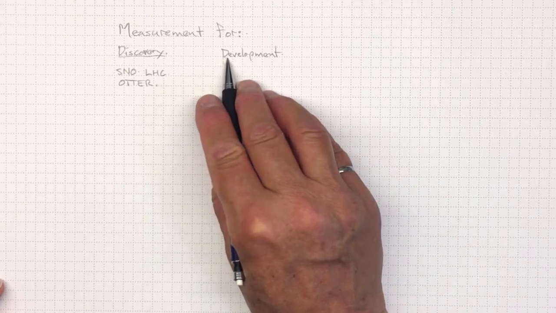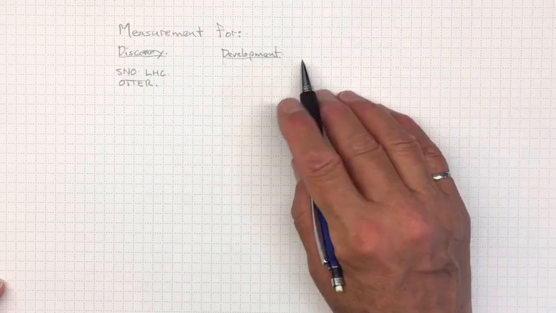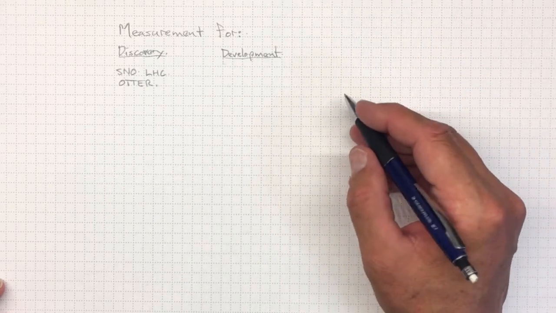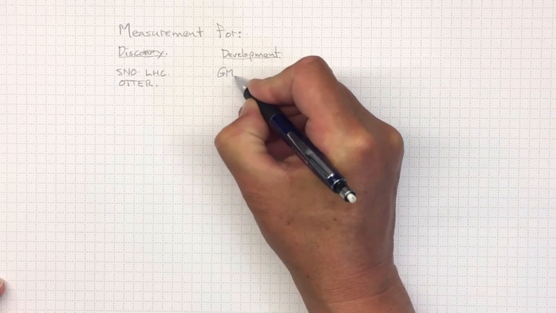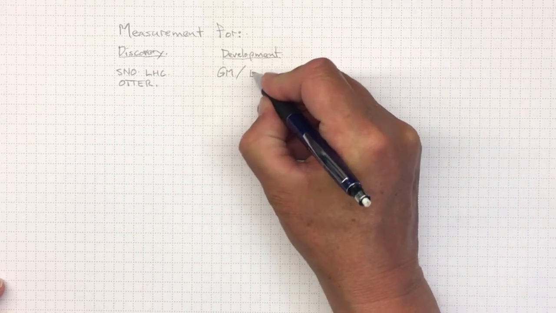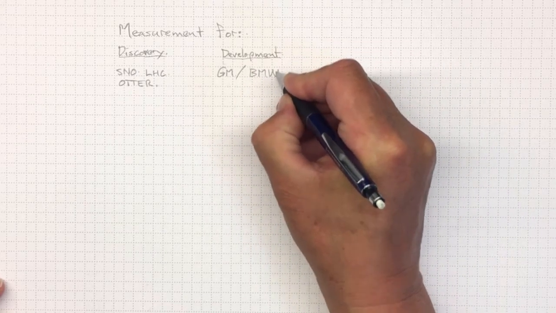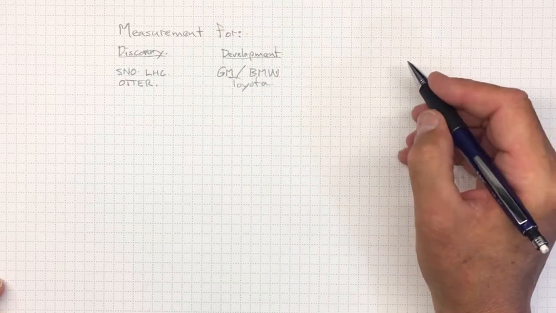We're now trying to develop our products further to understand that. And I'm going to use some examples taken from the automotive industry, but this applies across all industries. So the kinds of people who might be doing this would be development design engineers at places like GM or BMW or Toyota, or any number of other manufacturers.